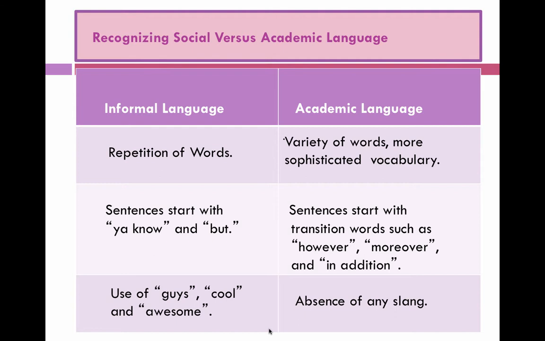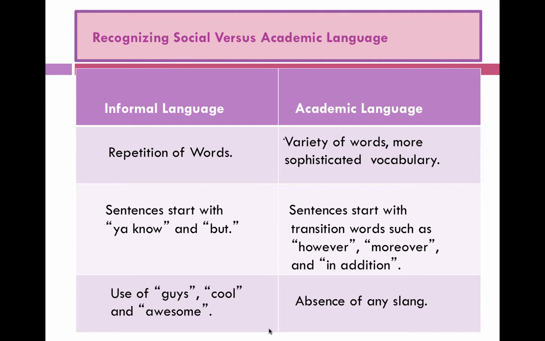Recognizing social versus academic language. This chart has two columns. The first column are examples of what informal language might look like. The second column has examples of what academic language might look like.